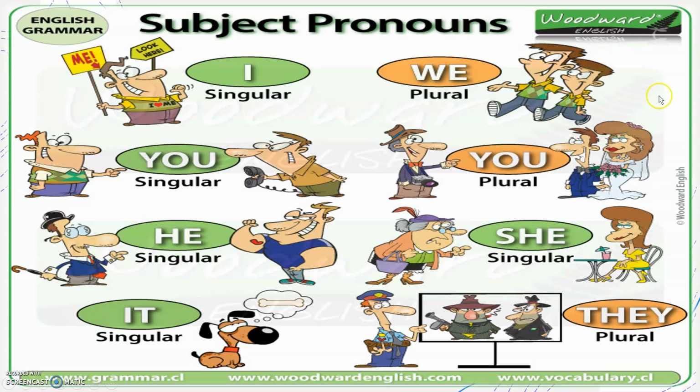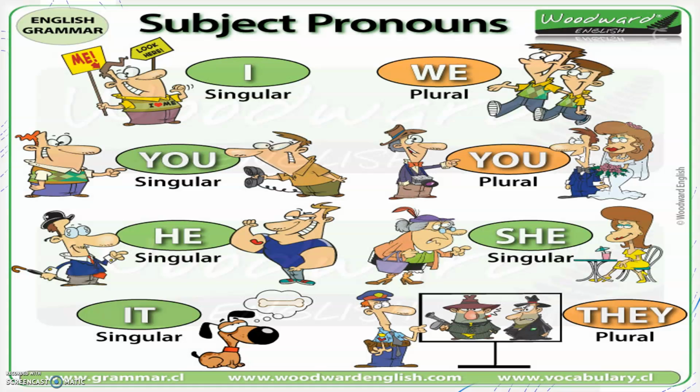Now as you can see here, we have you again. However, this you refers to two or more people. As I said before, I can use you for just one person, but I can also use you in plural form.